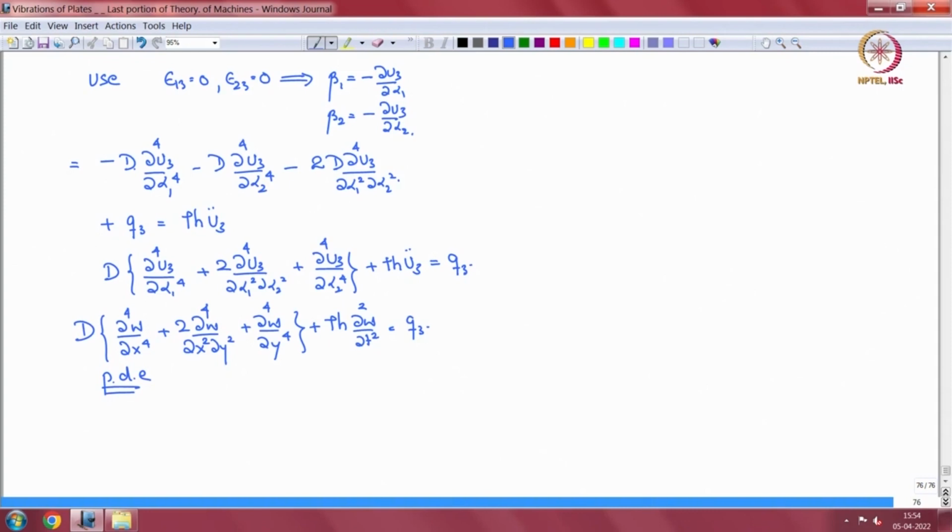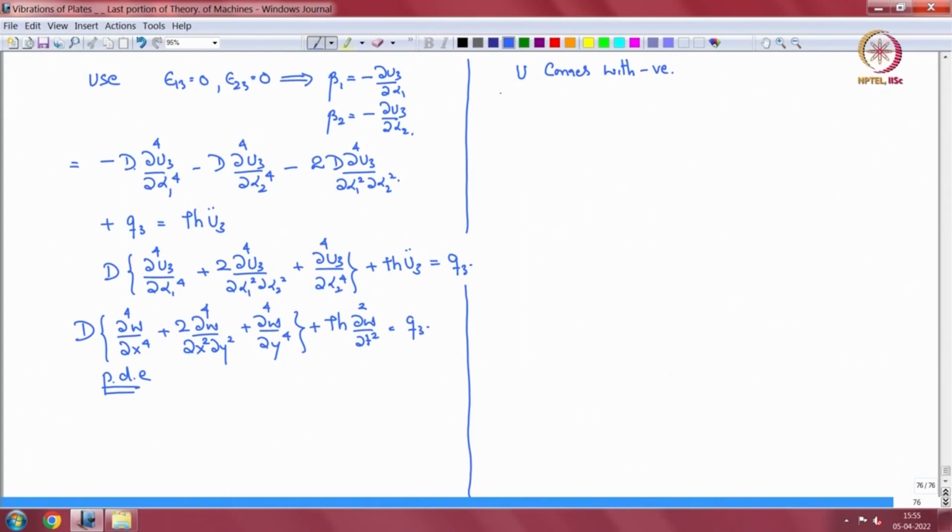Now the boundary conditions which we left off. Now remember that the strain energy term comes with a negative, and all the boundary terms will become negative.